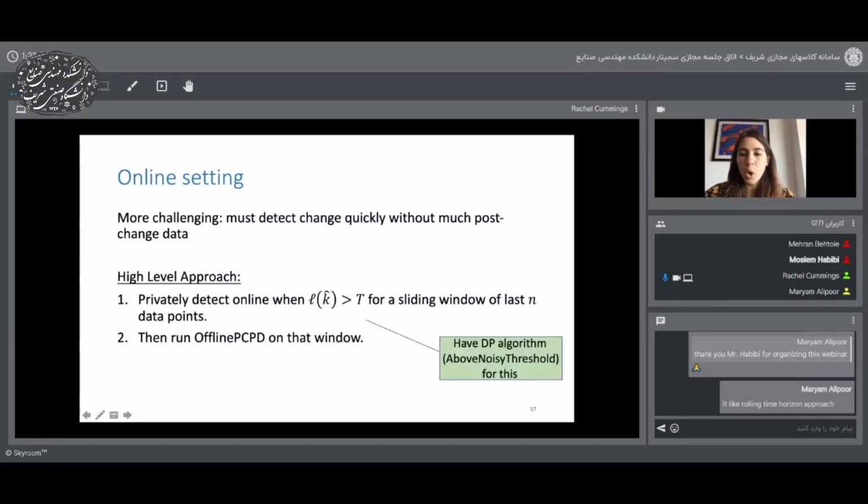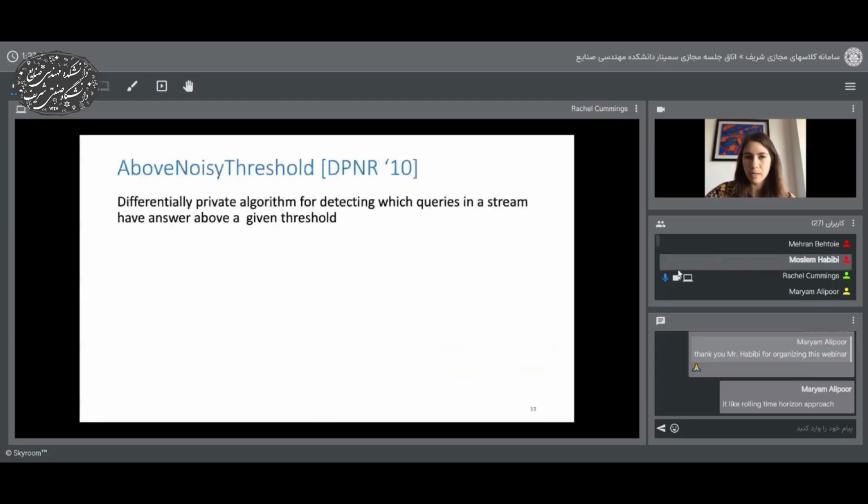And fortunately, we do have a differentially private algorithm for doing this, called above noisy threshold, and it does exactly what it sounds like. It checks when some query answers exceed a certain threshold, and adds noise to ensure privacy.